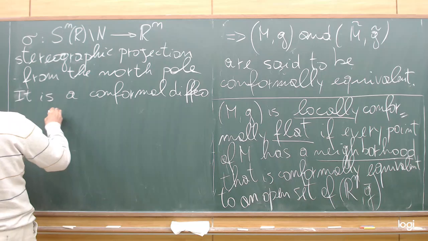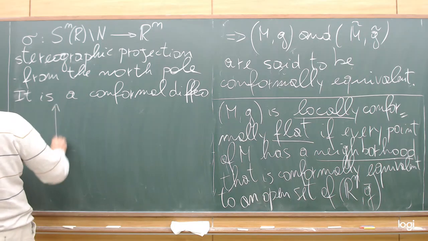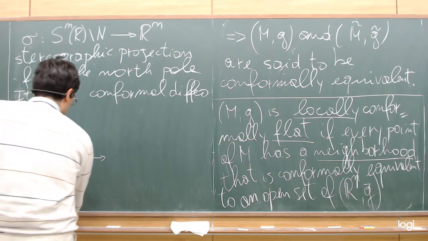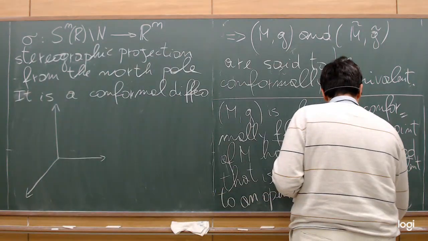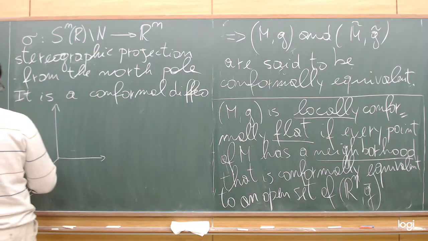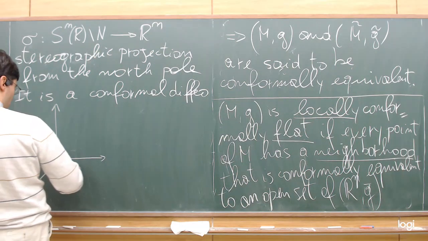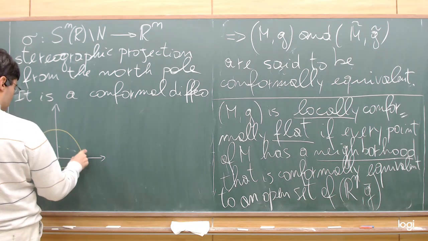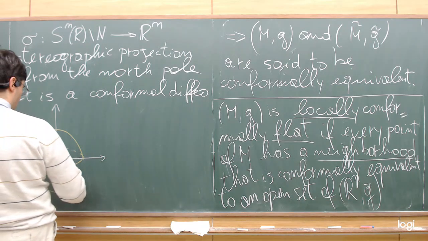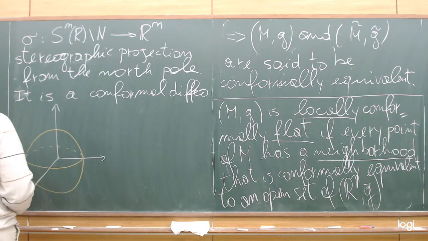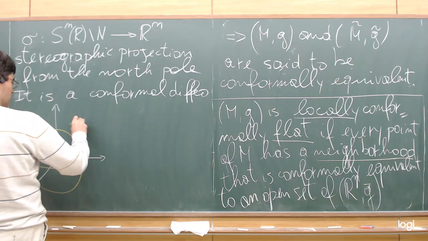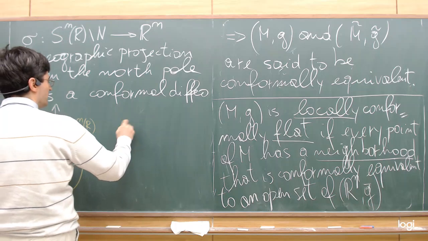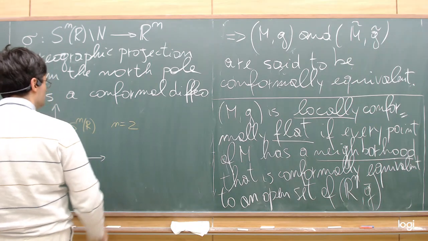So suppose that this is S^n(R) with n equal 2.